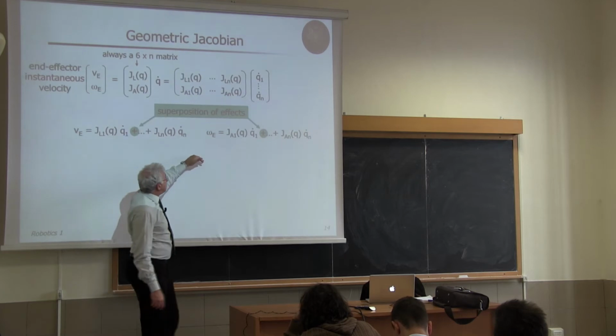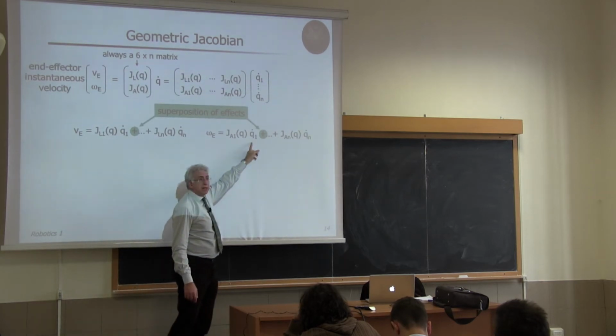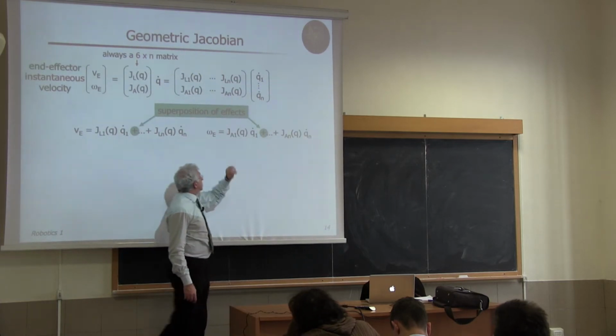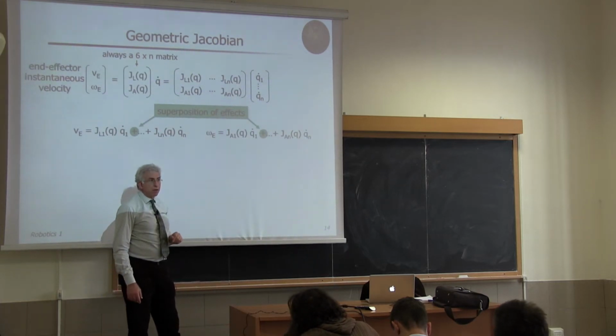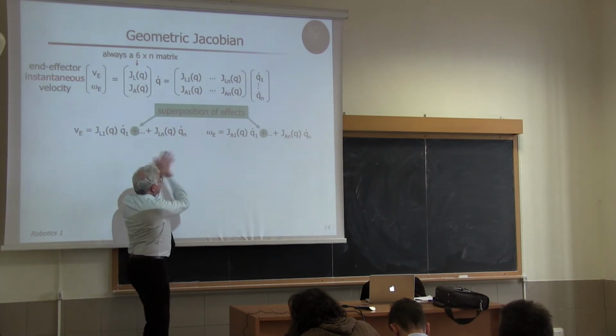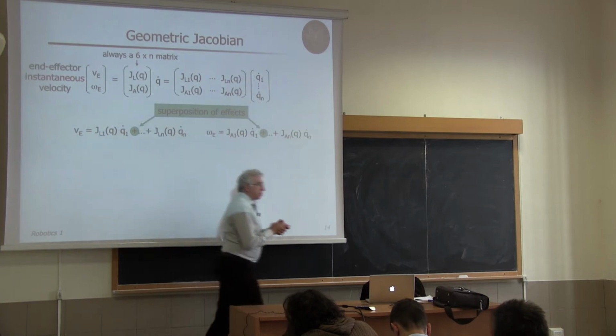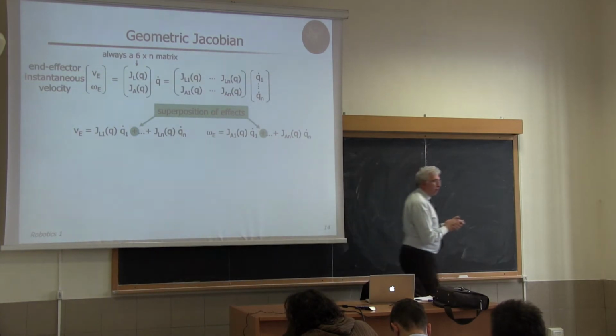And similarly for the bottom part: first column times the velocity of the first joint, second column times the second velocity, and so on. This gives omega, which means that the order is irrelevant and we can work with this principle of superposition of effects.